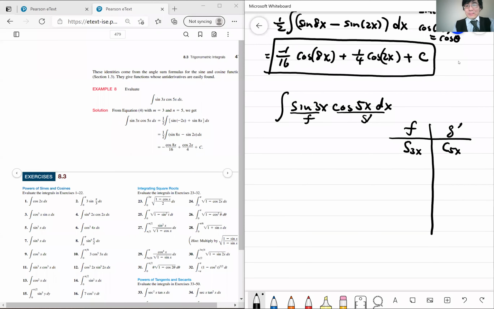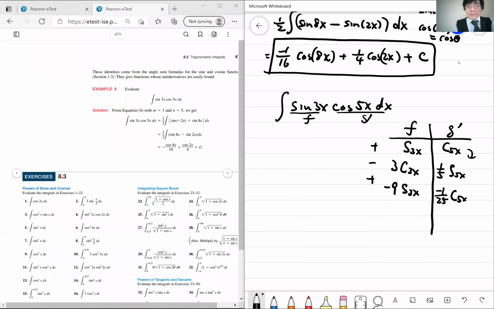Derivative of this is 3 times cosine 3x, and derivative of that one is minus 5 sine 5x. This one you have to integrate. Integration of cosine will be sine, but you have to divide it by 5. And integration of sine will be negative cosine, so it's going to be cosine of 5x, but you have to divide it by 5 again.